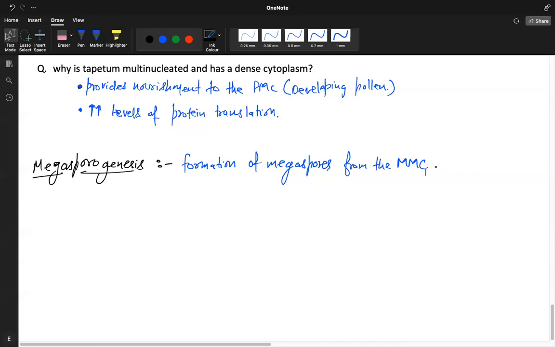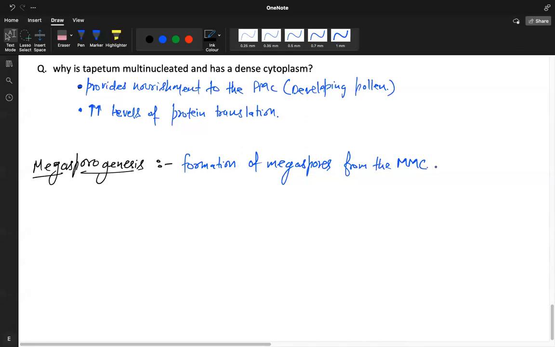Here also, there is a formation of megaspore tetrad, just like the microspore tetrad. Here also a tetrad will form because it's following a similar kind of route.